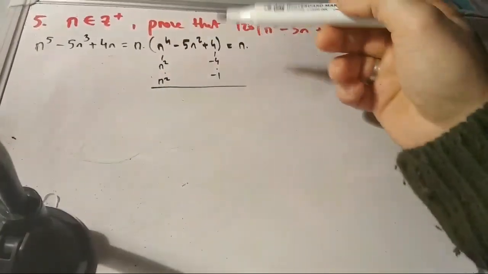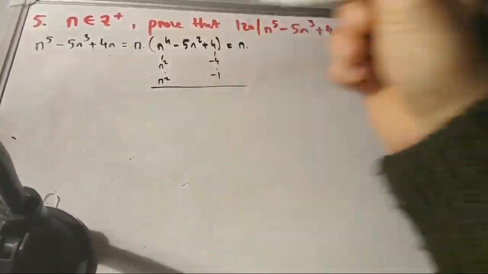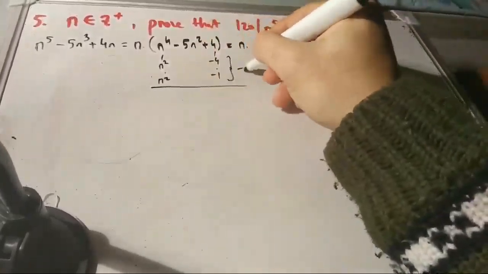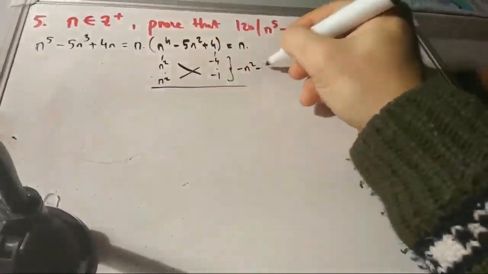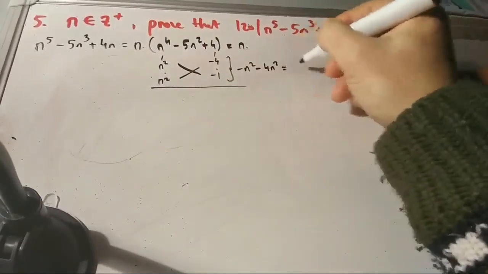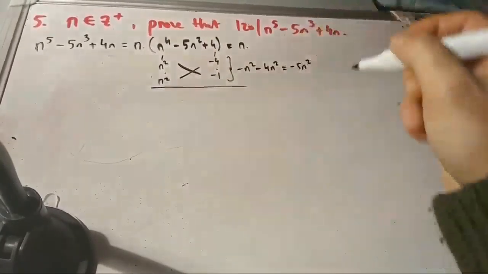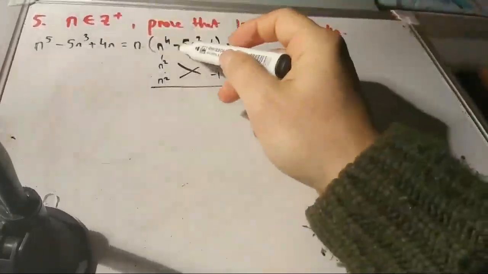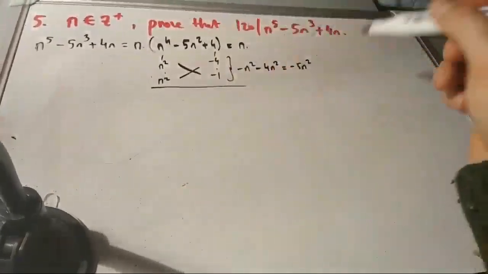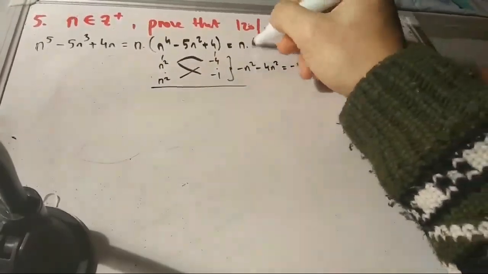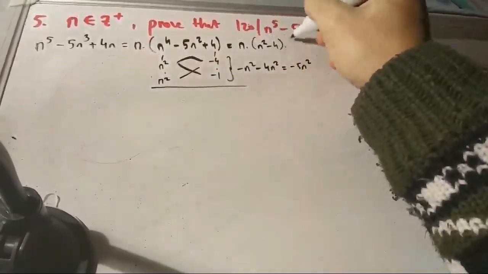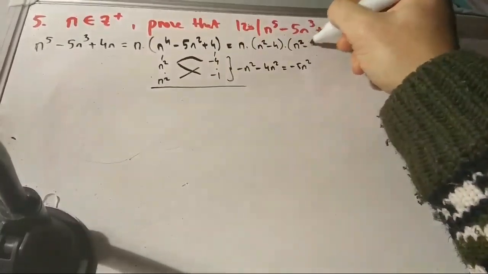And the cross product, n squared times -1 is minus n squared, and n squared times -4 is -4n squared, which gives minus 5n squared, and we got the middle term. So we write n squared minus 4 times n squared minus 1.